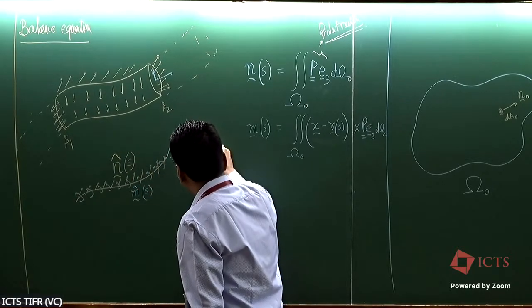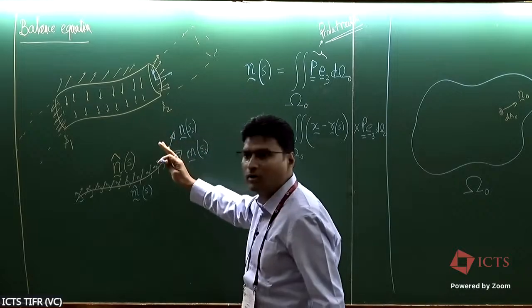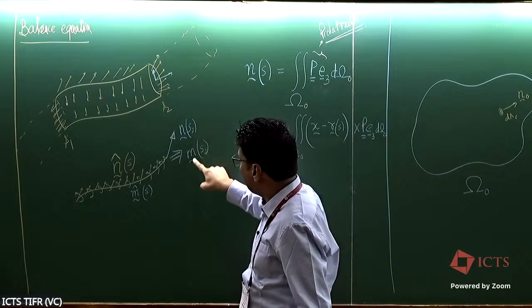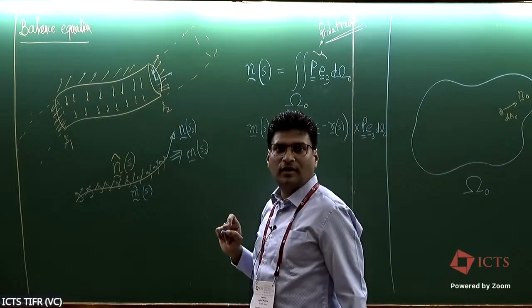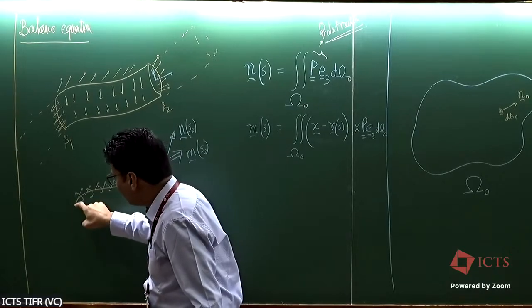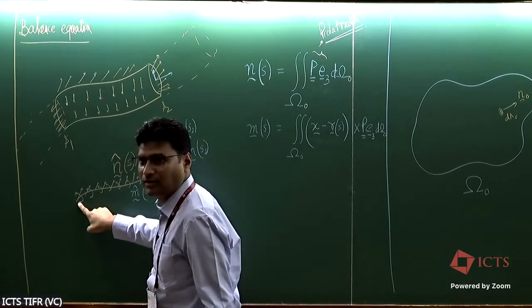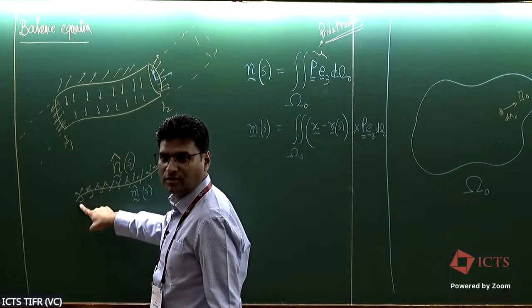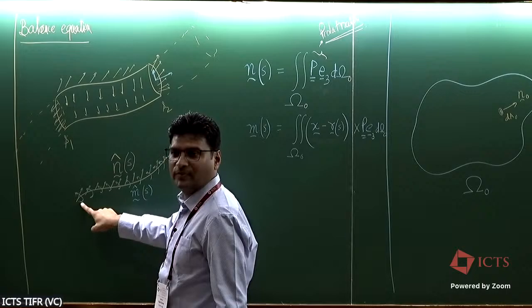This is M of S2 because this is at a section which was originally at S2. So N of S2, M of S2. Can someone tell me what is going to come here? What force is going to be present here?